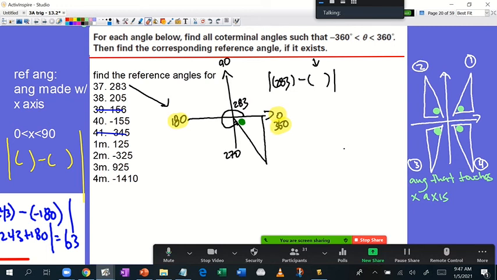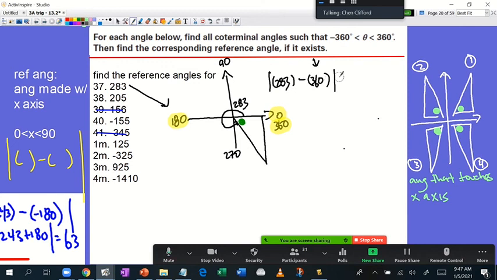The answer is 283 is closest to $360 out of those three numbers, if those three numbers were your only choices. So we're going to put right here 360.